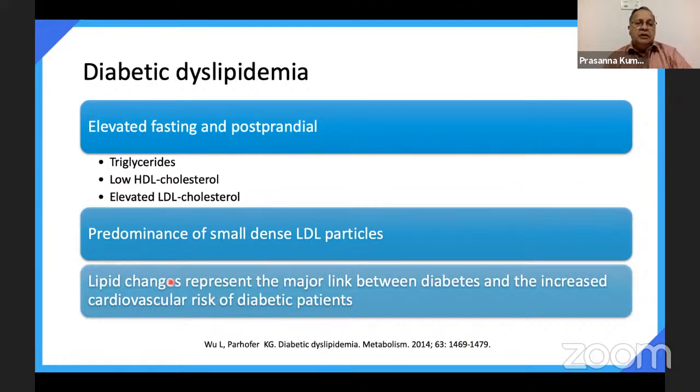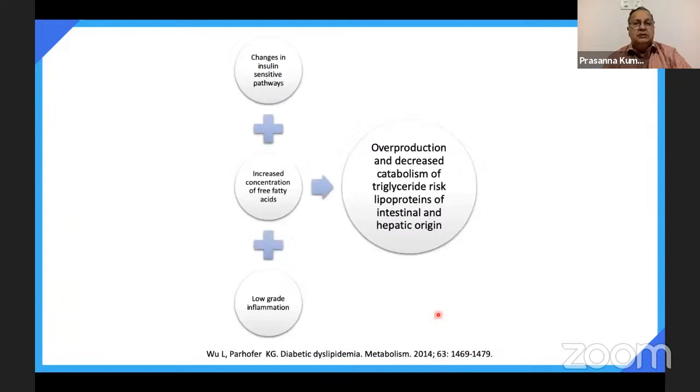And the diabetic dyslipidemia is predominantly small dense LDL particles, which cause atherosclerosis. Lipid changes represent the major link between diabetes and increased cardiovascular risk in diabetic patients. Now, if you look at how dyslipidemia affects the heart, it changes insulin sensitivity pathways in diabetics, with increased concentration of free fatty acids and low-grade inflammation.